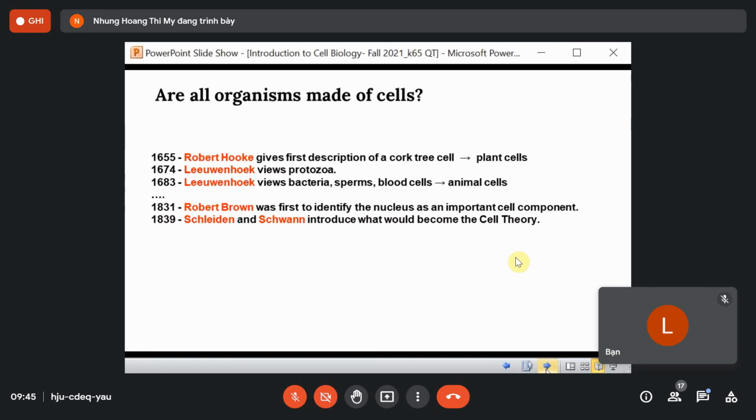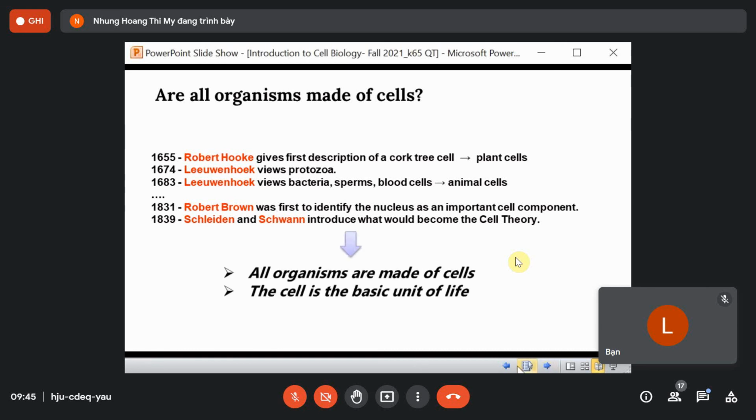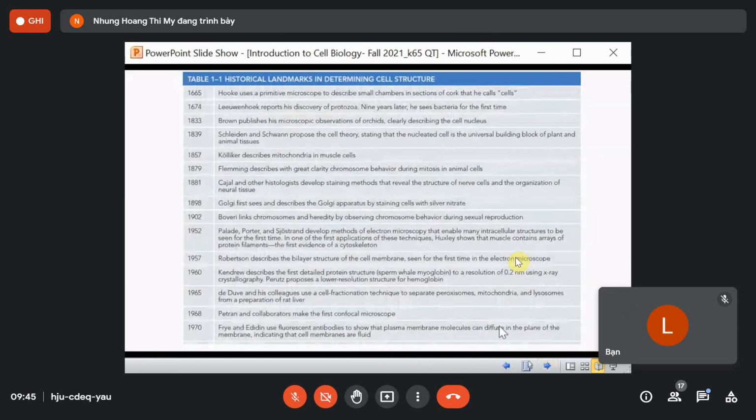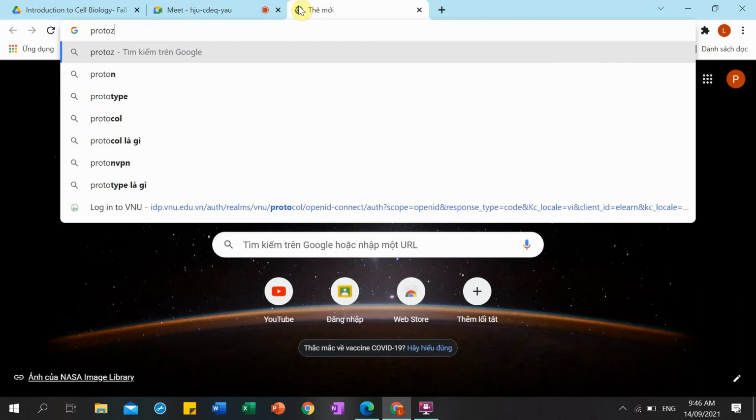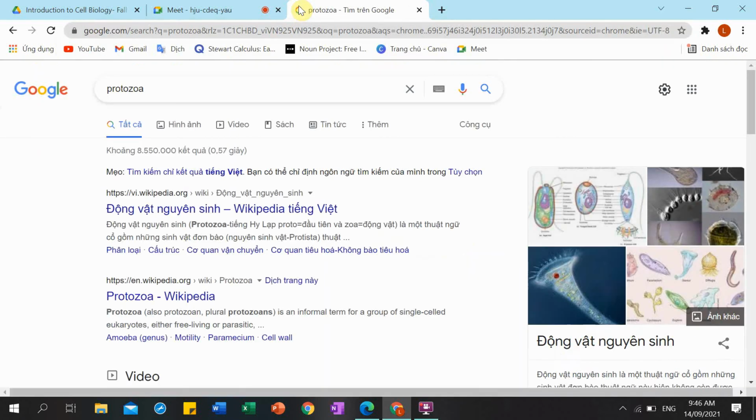In this table, I will go to this first, and we will go back to the previous slide. So this table may give you more overview of the historical landmarks in determining the cell structure, from the time Robert Hooke reported his discovery of the cell to the next century.